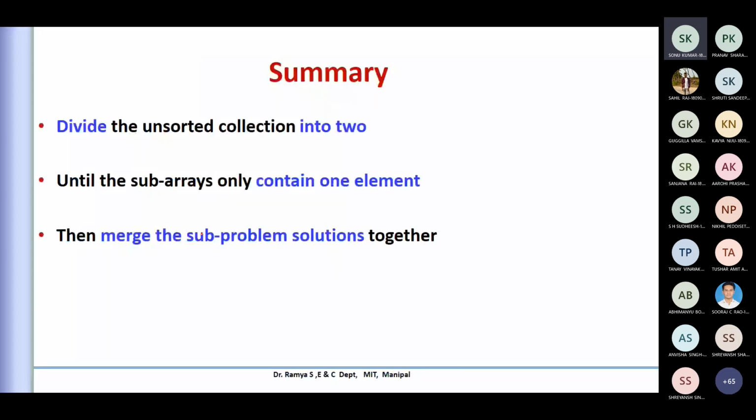So divide the unsorted collection into two, the minimum we require to compare, until the sub-arrays contain only one element. That is the end of the division. Then go up the hierarchy and merge the sub-problem solutions together. That is the summary of divide and conquer, or merge sort.